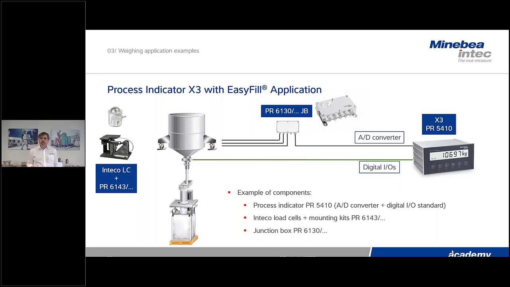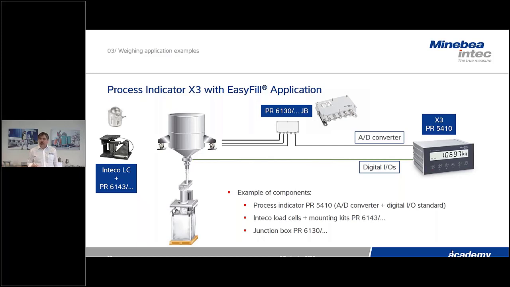In this vessel, we are using Indeco load cells, using PR6143 mounting kits. This would be the exception I mentioned, because these load cells are mostly for higher maximum capacities. But as an example, this could be used.